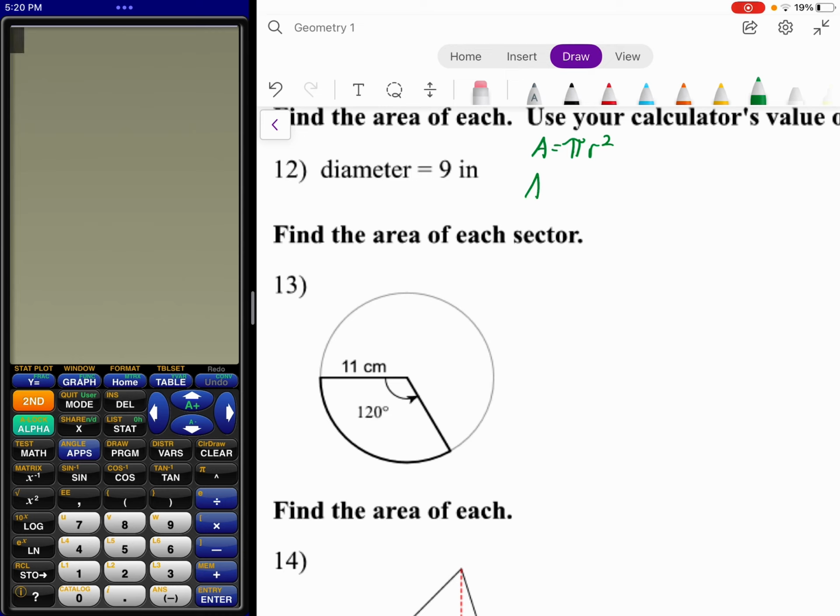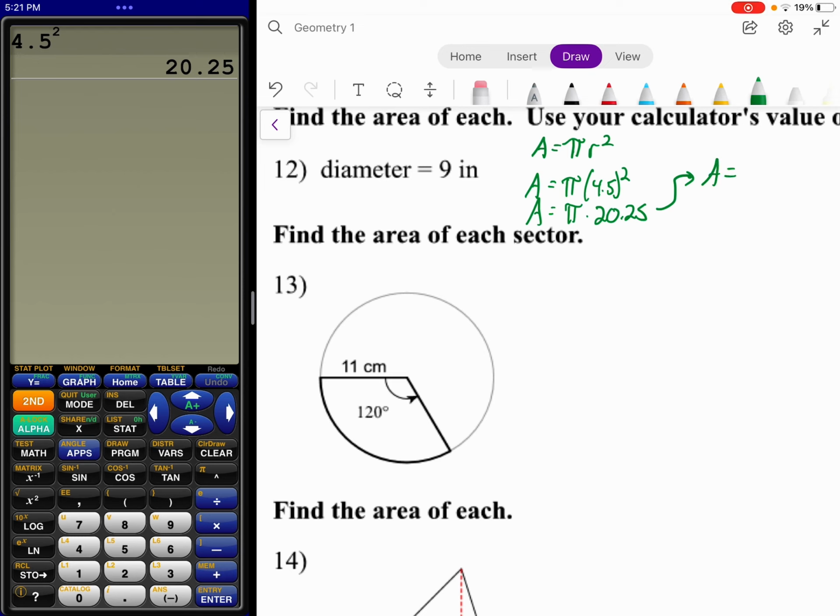What is the radius? Well, the diameter is 9, so the radius is half of that, so that's 4.5. So we have pi times 4.5 squared, which is 20.25. And then we're going to multiply that by pi using our calculator's pi button.